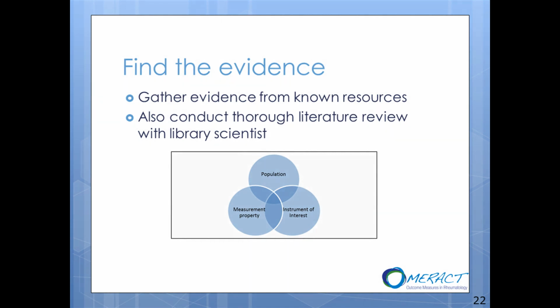So we're going to have a search for all the measurement properties that we want to be able to include, a search for the population, and then a search for the instrument of interest and all of its acronyms or all the way it's been referred to in the literature. And then when we end those 3 searches, those 3 sets of search terms, we will find at the middle the target articles that we're wanting to find.